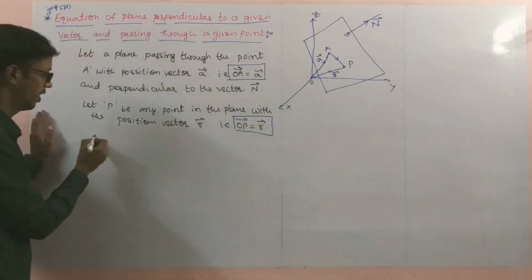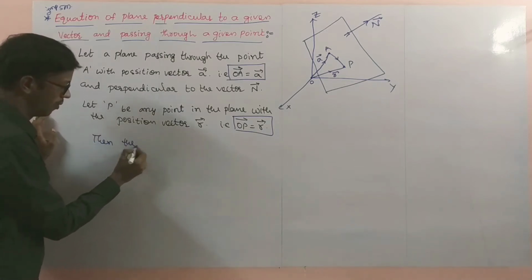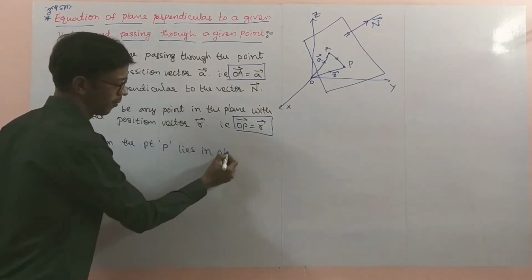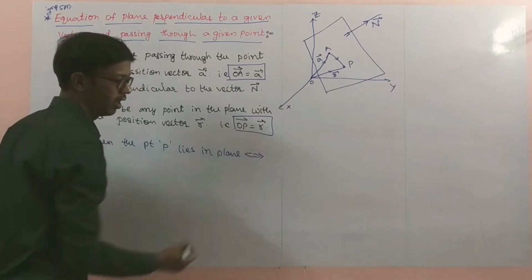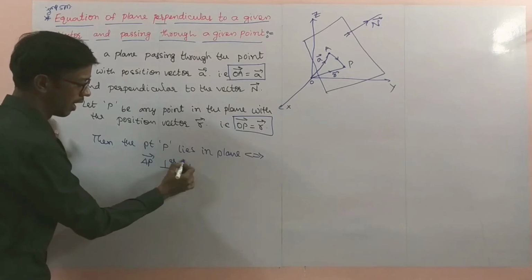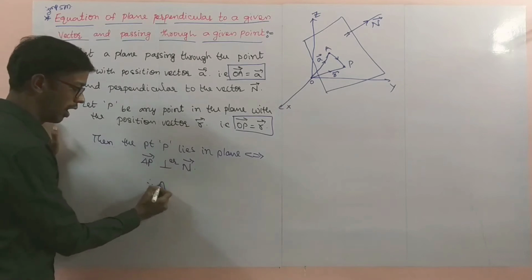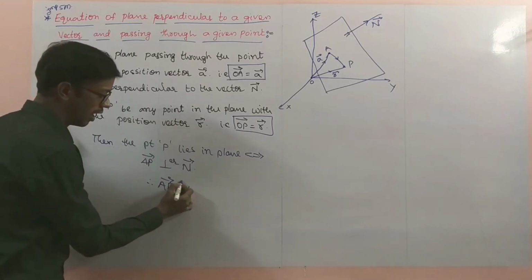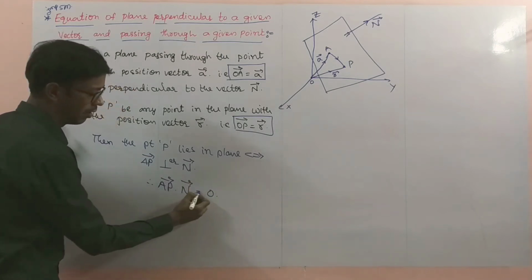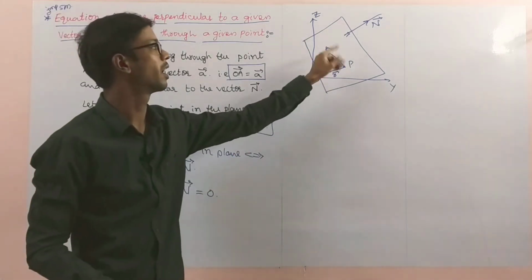Now by the diagram we can write that the point P lies in the plane if and only if AP bar is perpendicular to N bar. Therefore, AP bar dot N bar equal to 0; the dot product should be a scalar, so 0 is a number.